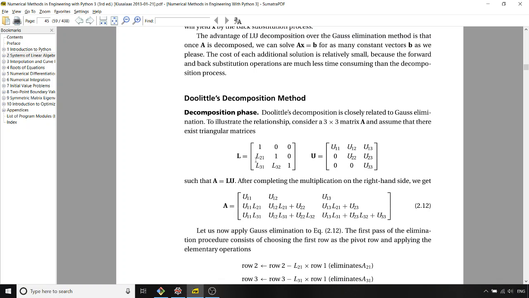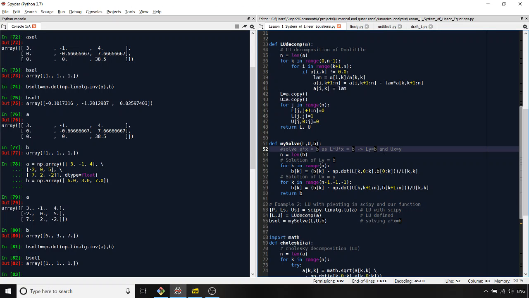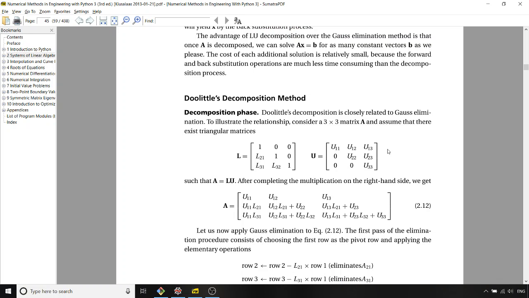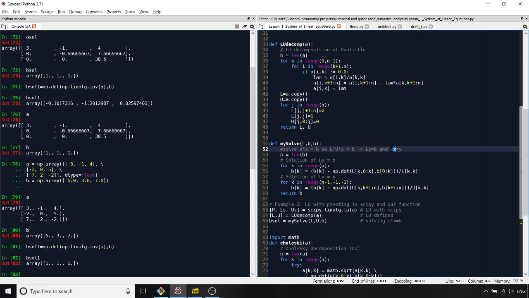Okay, so we will do these substitutions. We will find the value of this, then substitute here, then we will get the value of this, then we will substitute here. Once we calculate and find the values of y's, we can equate y with the upper triangular matrix and x, that x we are searching for.